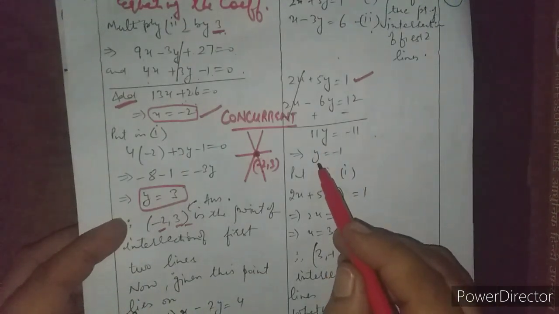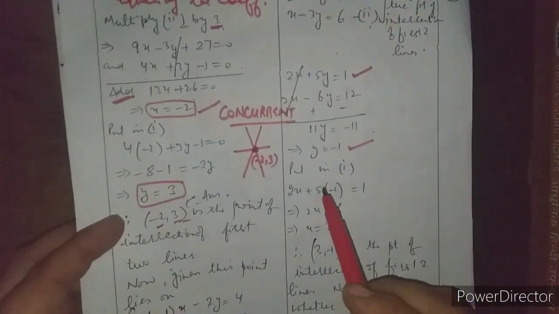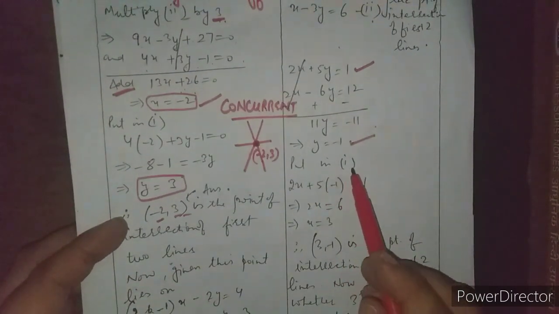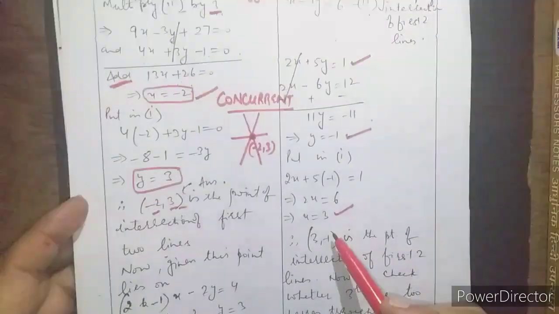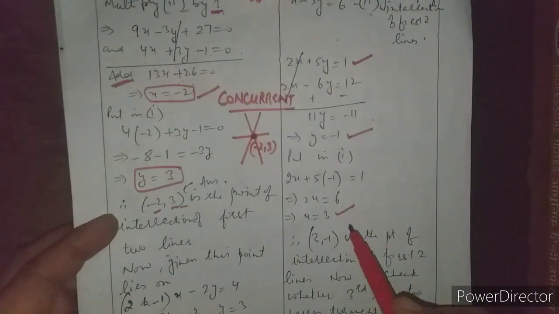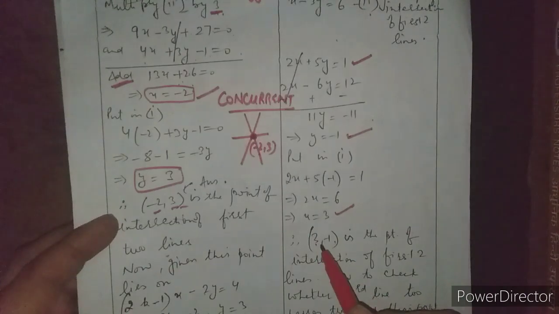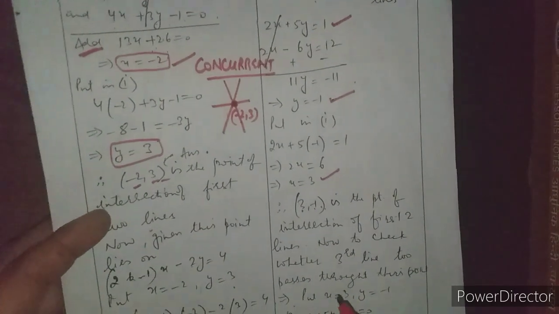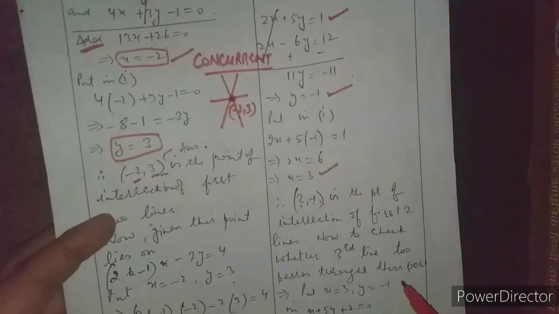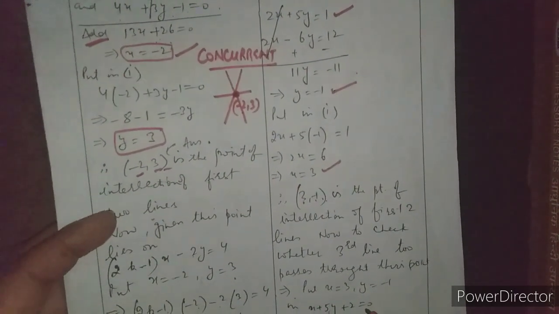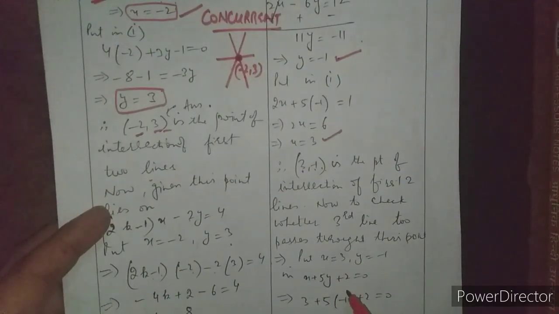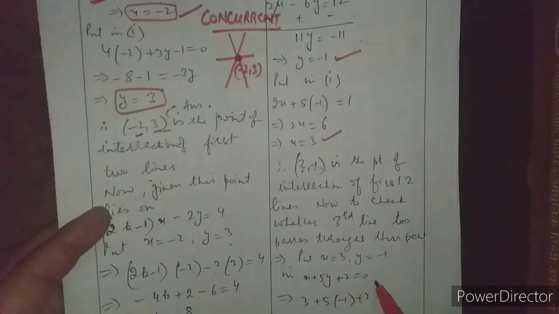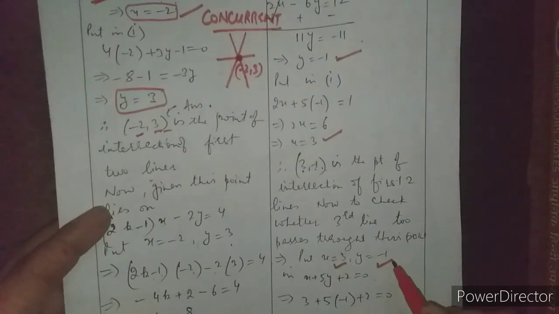I get 11y equal to minus 11, or y is equal to minus 1. Now put this value of y in our first equation, I will get the value of x here. Then to check whether this point of intersection 3 comma minus 1 also lies on the third line, or the third line also passes through this point, what we will do is, in the equation of the third line, which was x plus 5y plus 2 equal to 0, I will put the value of x and y, right?